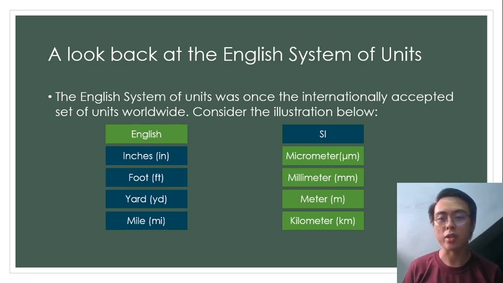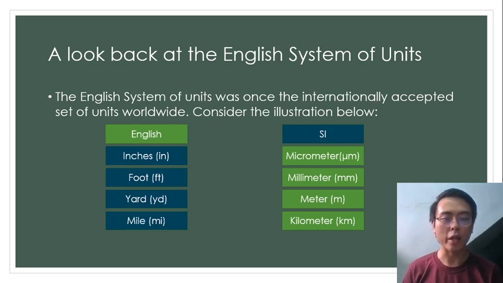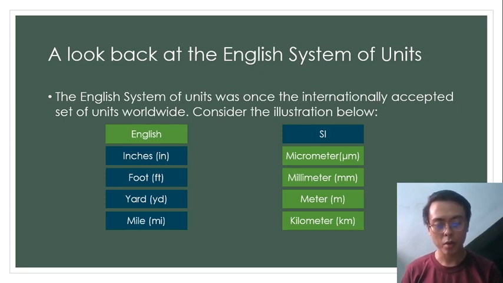We have inches, feet, yard, and miles. While in the SI system, in order of increasing magnitudes, we have micrometers, millimeters, meters, and kilometers.